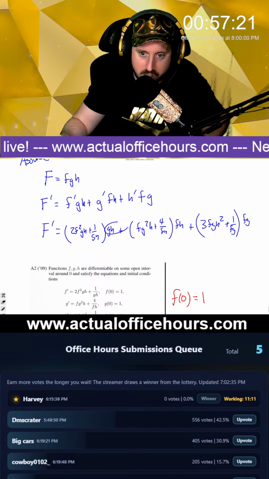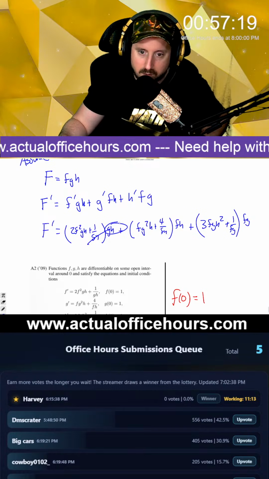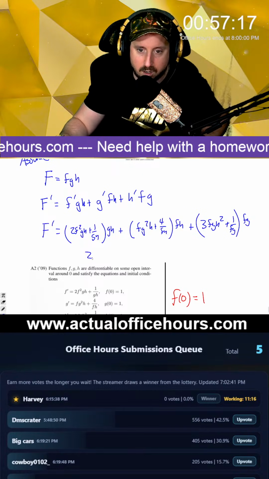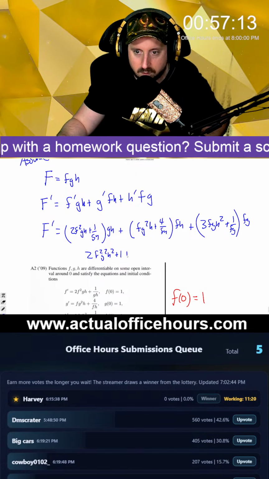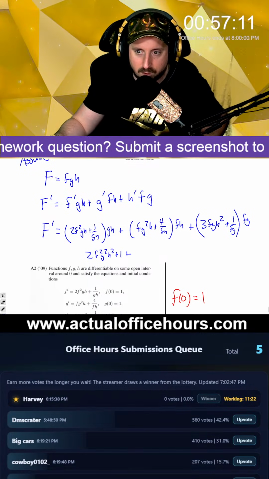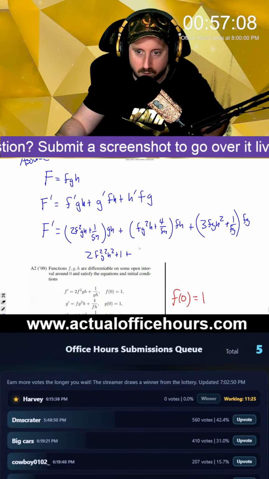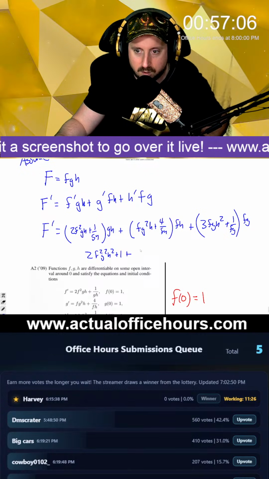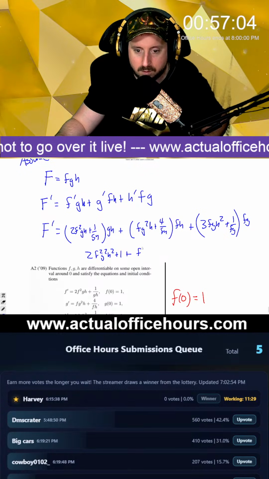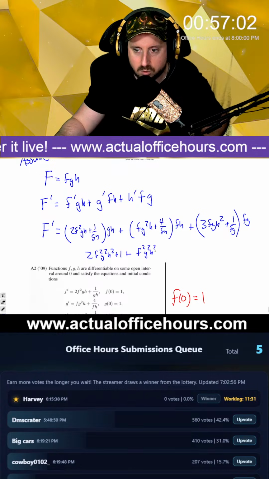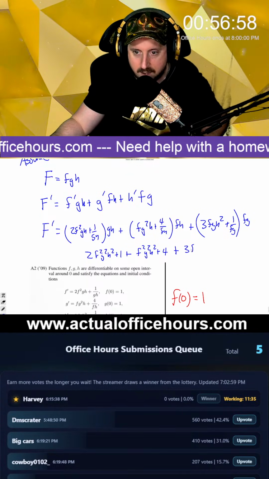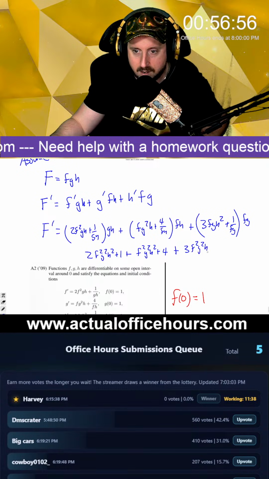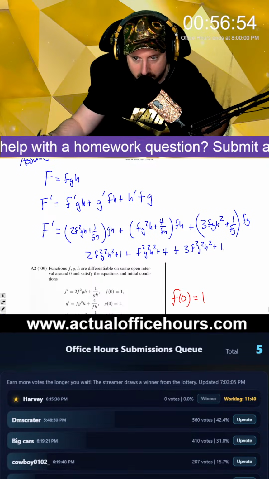Okay, so here's a cool thing. GH comes through, cancels that. And so then I'm given 2F squared G squared H squared plus 1 plus... Oh, this is cool. This is going to square this. This is going to square this. So then I get plus F squared G squared H squared plus 4 plus 3 F squared G squared H squared plus 1.